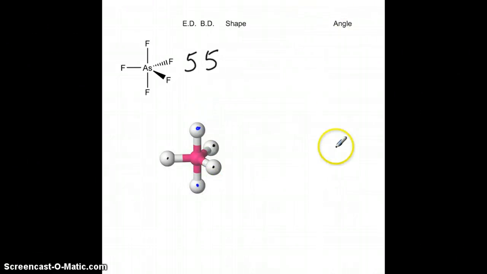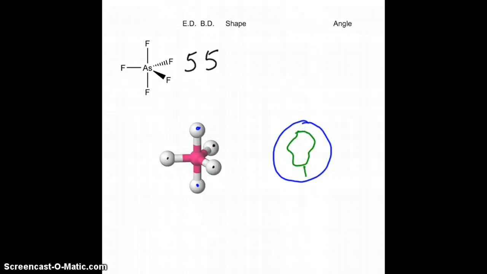Okay, it may be easy to compare this to the Earth here. I'm going to draw the Earth, and if I'm really good, I may be able to draw like a little island or whatever. Okay, and so if we take a look at the atoms in the blue, they're on the top and the bottom. Well, the thing that goes through the top and the bottom of the Earth is the axis of the Earth, and so these are called axial atoms.